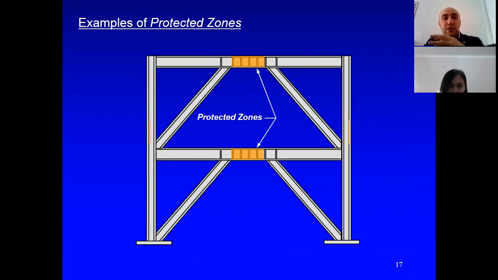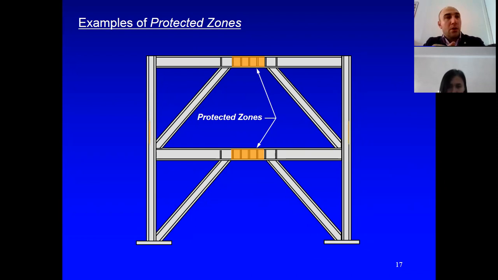And this final example for today's lecture: yielding in the frame system is expected to occur within the links. So the links in this system are therefore also designated as protected zones.